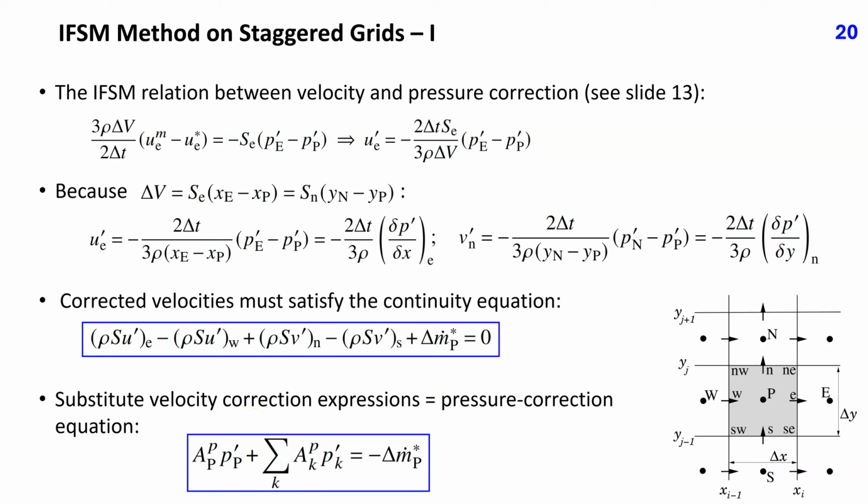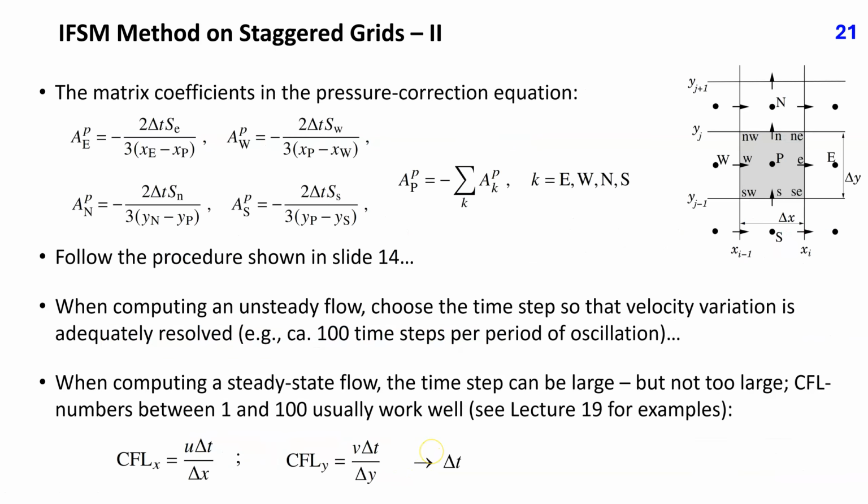It is the discretized form of a Poisson equation with a source term corresponding to the mass imbalance resulting from predicted velocities. The matrix coefficients in the pressure correction equation are given by these expressions. The solution process follows the procedure shown in slide 14.